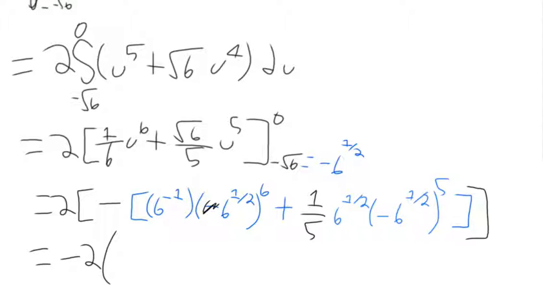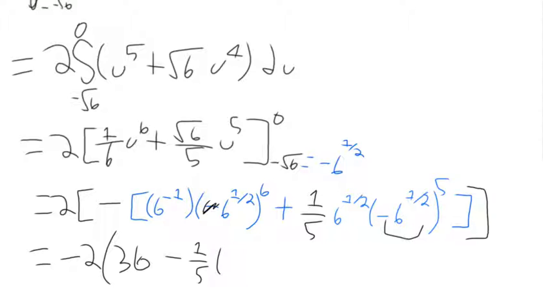So I have 6 to the 3rd times 6 to the negative 1, so we just add the exponents, and we get 6 squared, which is 36. And then we have plus 1/5. Well, negative, when you have the odd power right here, we maintain the negative, so let me actually put that down first. And then we have the 1/5.